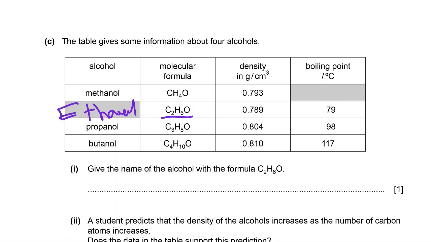So here the boiling point of methanol should be, just one minute please, minus 98, so you may say 65 or 60, both of them are correct.